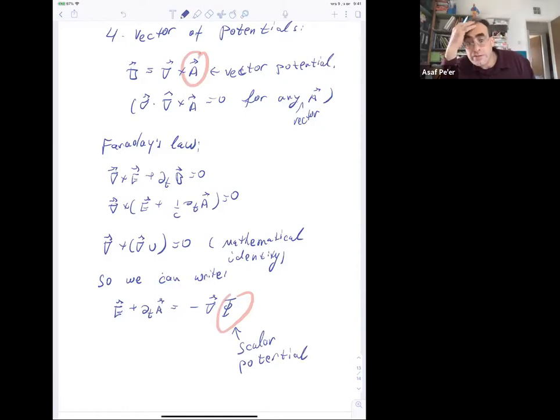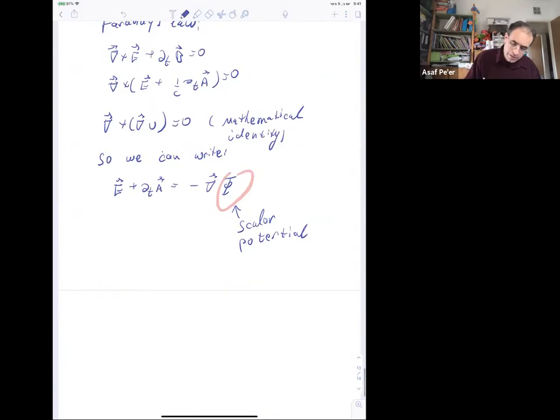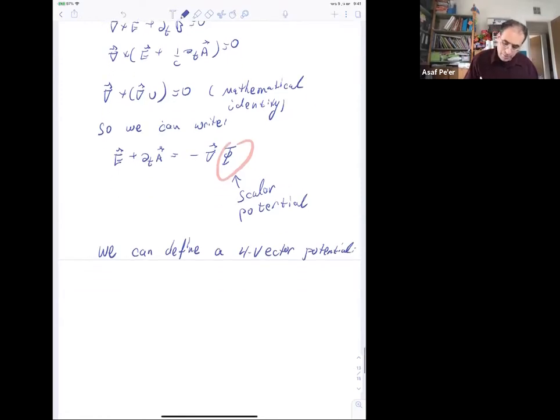Now, as you said, you've seen that in first year. The thing that I'm less convinced you've seen in first year is that you can take the scalar potential and the vector potential and merge them together, and you end up with a 4-vector potential. So we can define a 4-vector potential A^μ from the scalar and vector potentials.